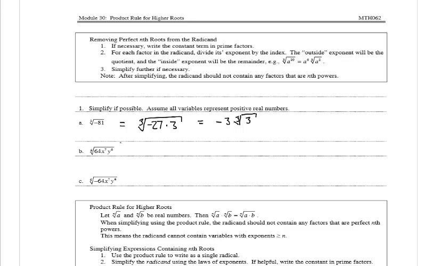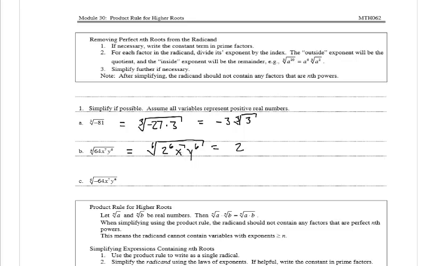In B, we have the sixth root of 64 x to the 7th y to the 6th. So I'm going to rewrite 64 as 2 to the 6th power. And then we have x to the 7th, y to the 6th. And now the sixth root of 2 to the 6th is equal to 2.